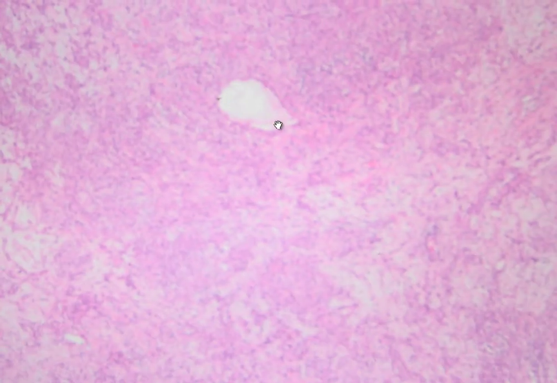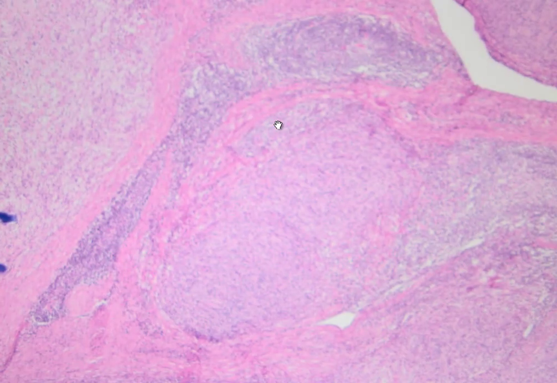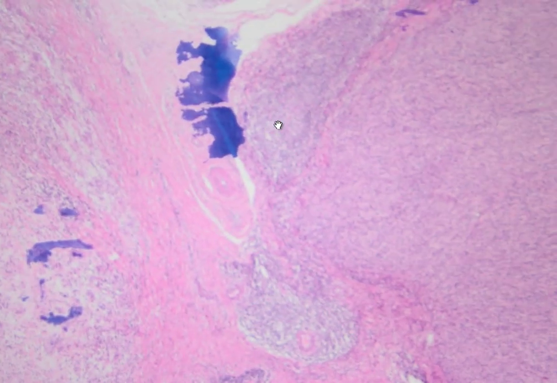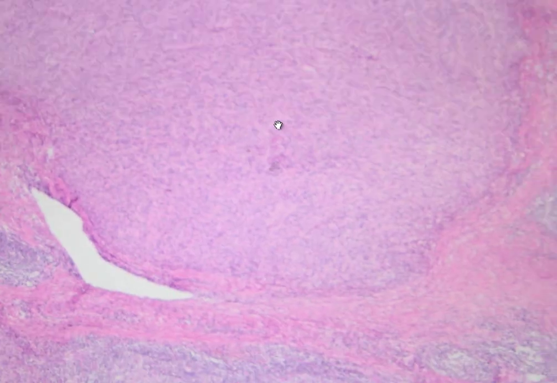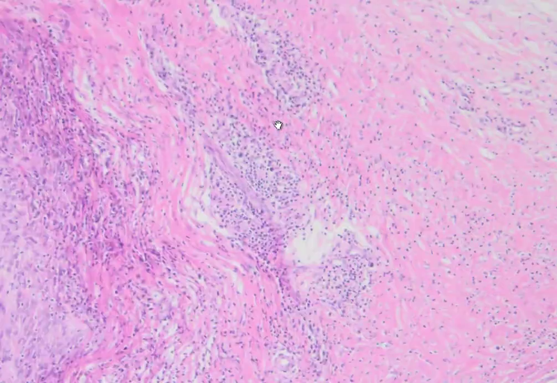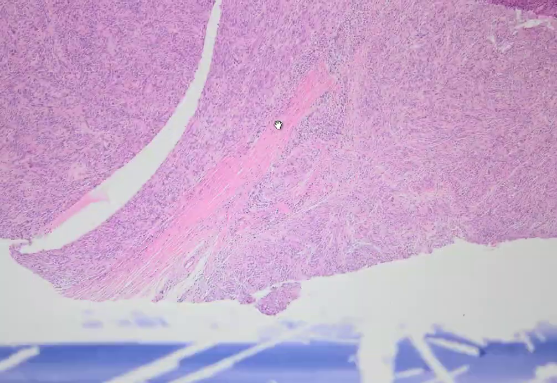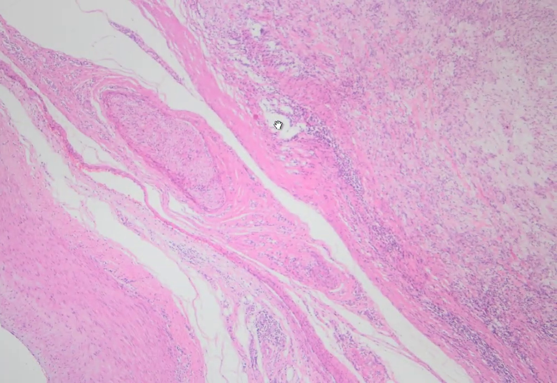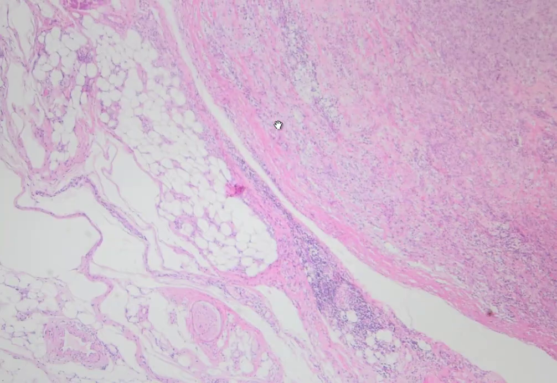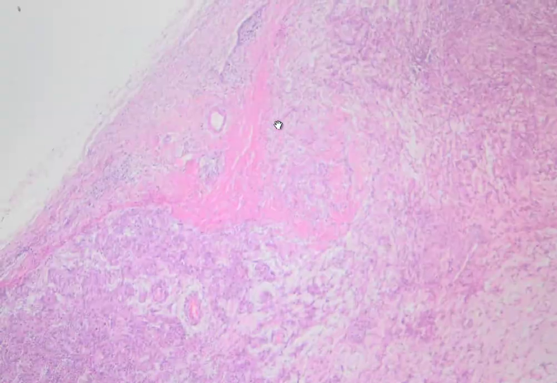So then we turn back to the H&E again and see what else we have. Here we have this multinodular tumor, and we appreciate that these nodules are surrounded by chronic inflammatory cells, as you see here and here.